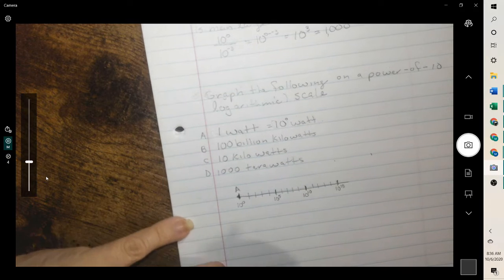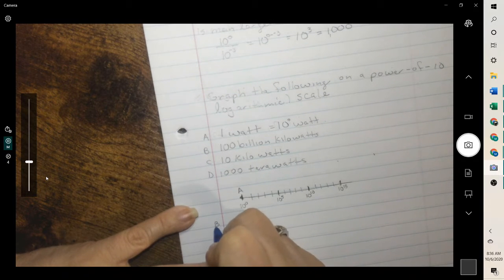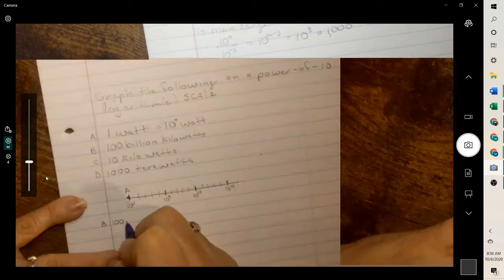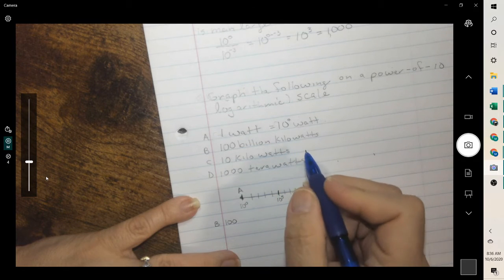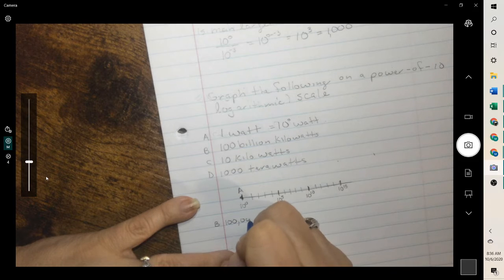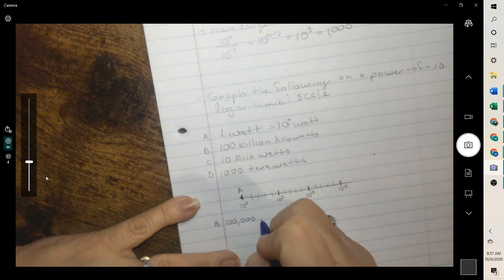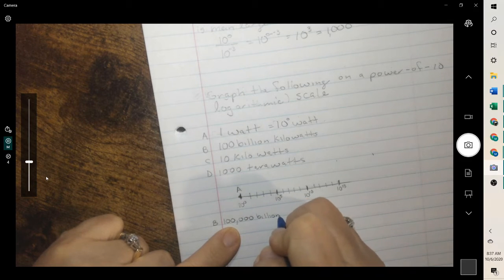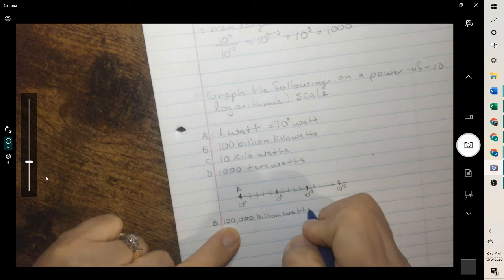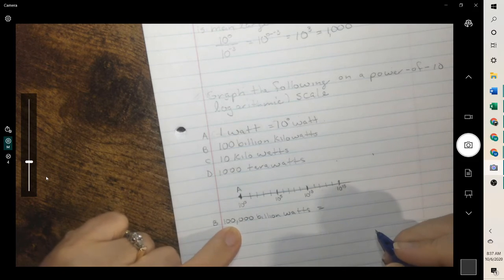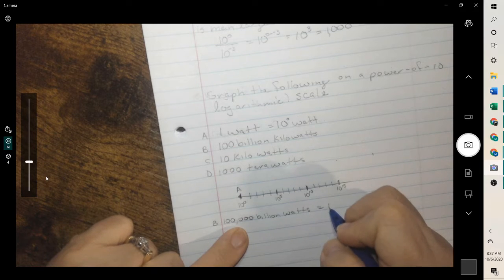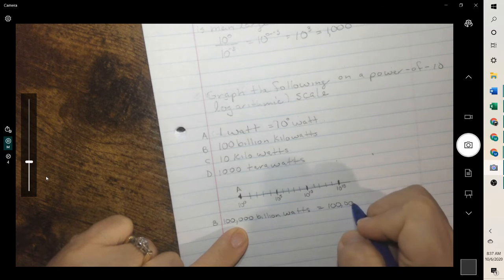100 billion kilowatts. We know kilo means 1,000, so we could put 1,000 here. So then we have 100,000 billion watts. Now we can change that to put the billion in there. So here's the 100,000.